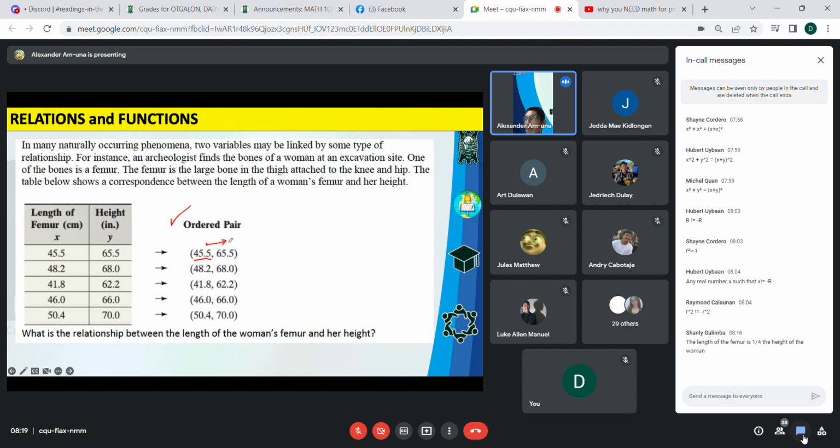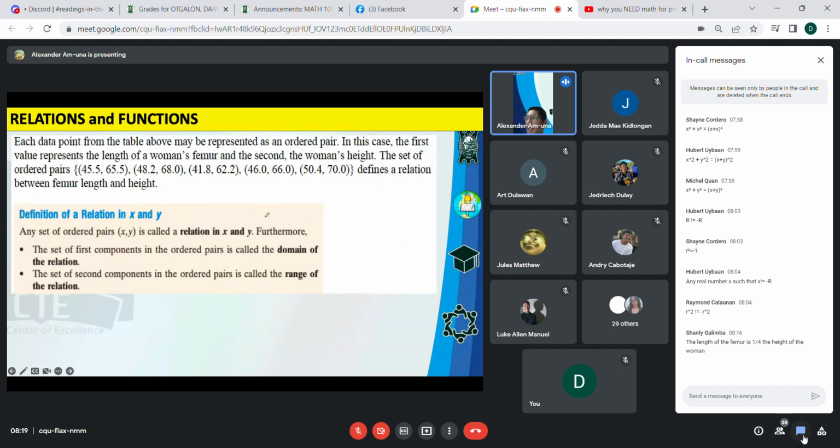This one cannot be 60, for example. It's only 65.5. So if you write the values like this, then we say now that there exists a relationship between X and Y. So this relationship is what we call a relation. Just simply a relation.